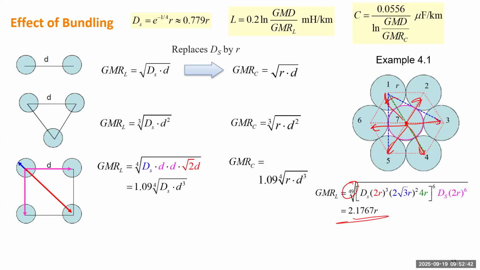Simplifying this one, it's about 2.17 times the radius. If you calculate the GMR C, you take the same formula, you just need to replace the ds by r. So that gives you this one. This one is slightly bigger than GMR L.